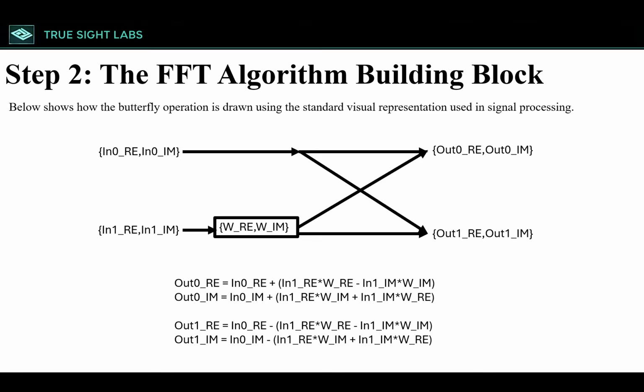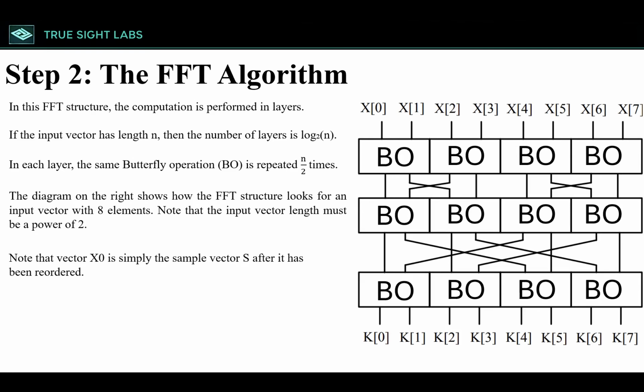Although the butterfly operation can be fully defined by the 4 equations, it's more commonly represented in both industry and academic settings using the butterfly diagram shown below. Now that we have covered the butterfly operation, we can explain how the FFT is built. To implement an FFT, we repeatedly apply the butterfly operation.